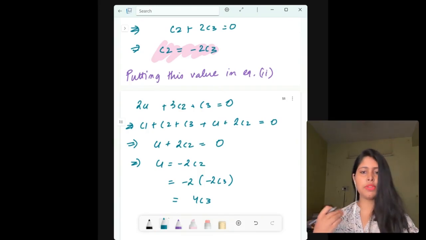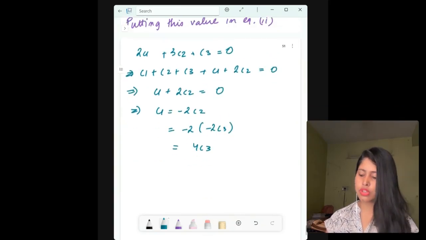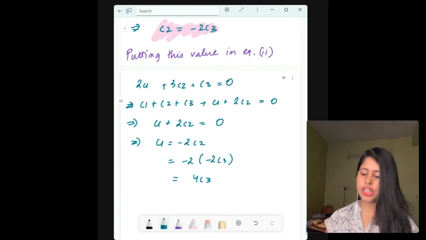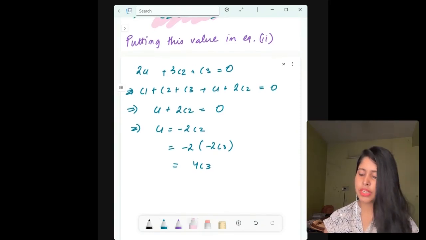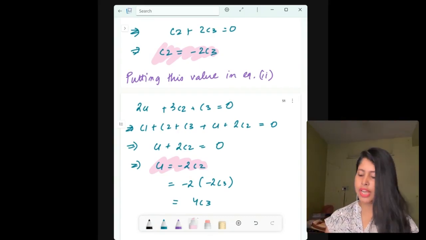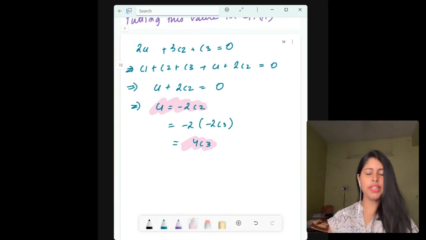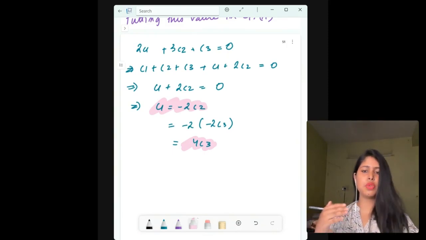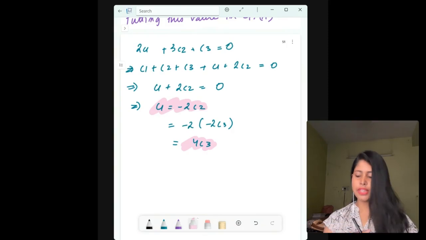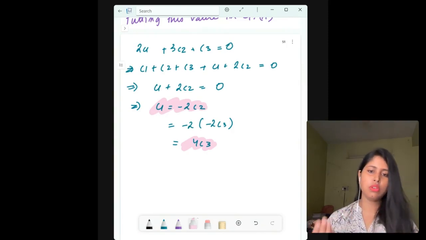Here we got the relation between C1 and C2. We know the relation between C2 and C3, and we also know the relation between C1 and C3, right? So if we now substitute these values, we will see that C1 is equal to C2 is equal to C3, which is equal to 0, right?